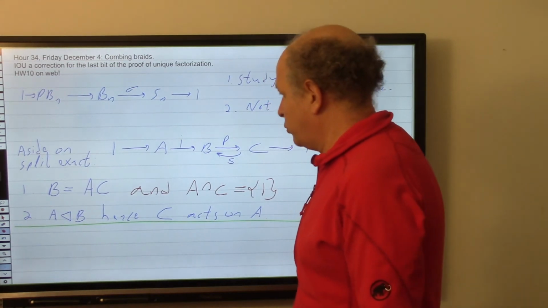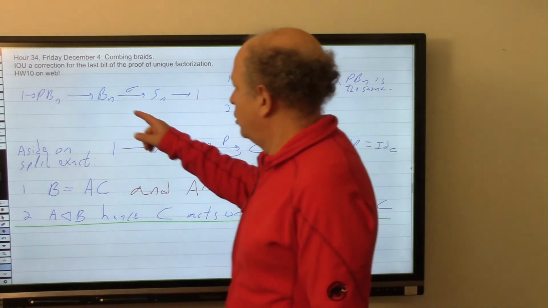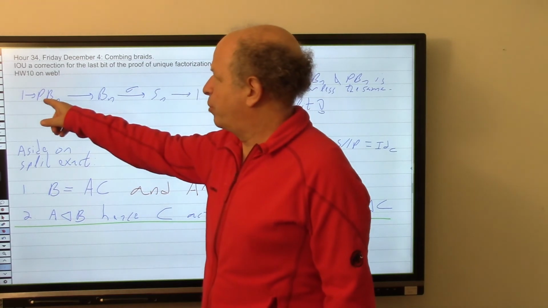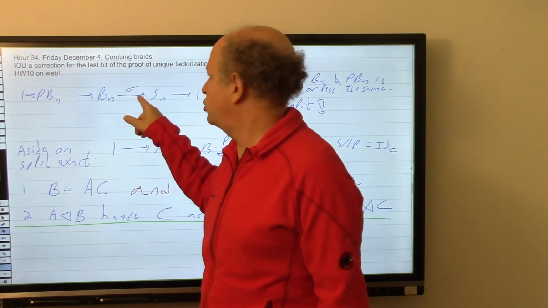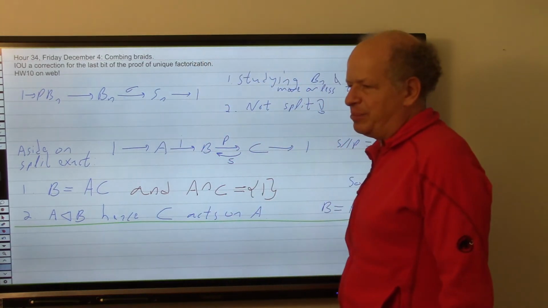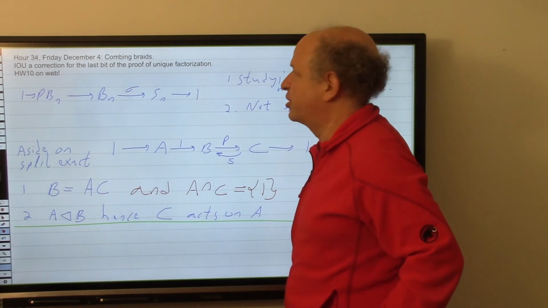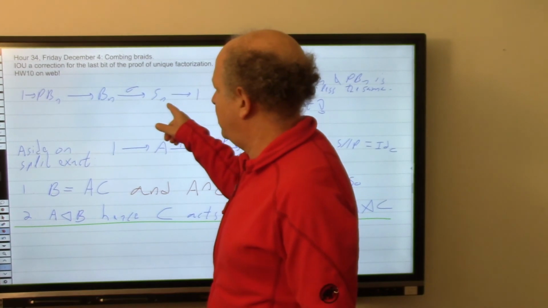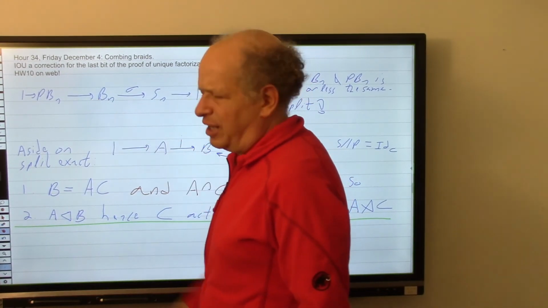Very briefly, what we did last time: there is an exact sequence from pure braids on n strands to braids on n strands to the symmetric group on n things, so with n factorial elements. Really it's kind of tautological.